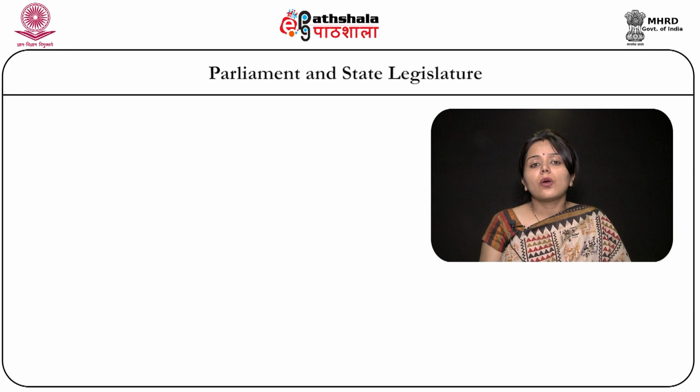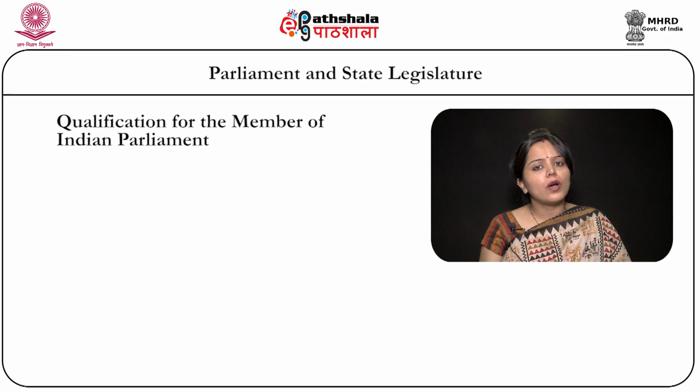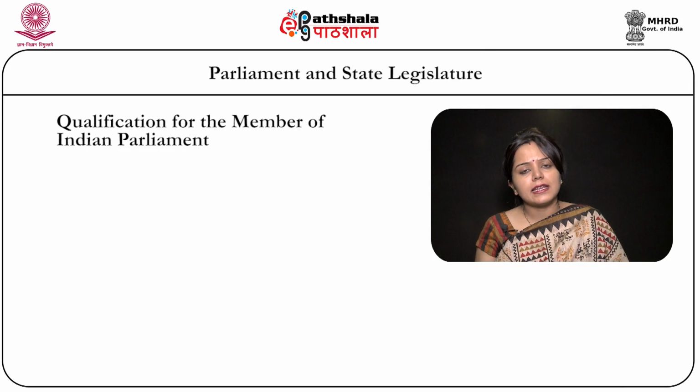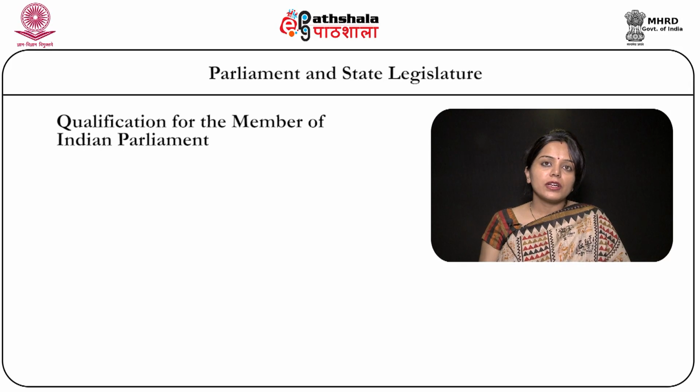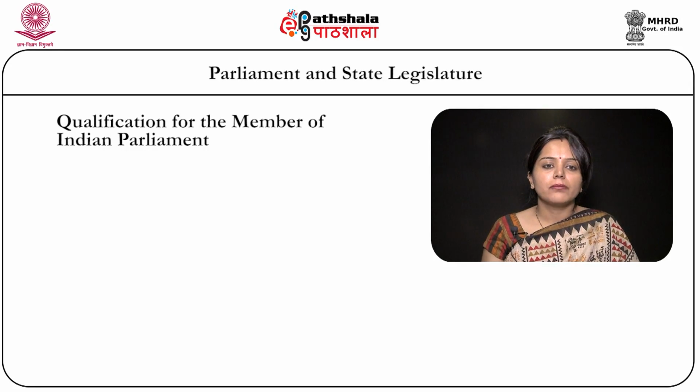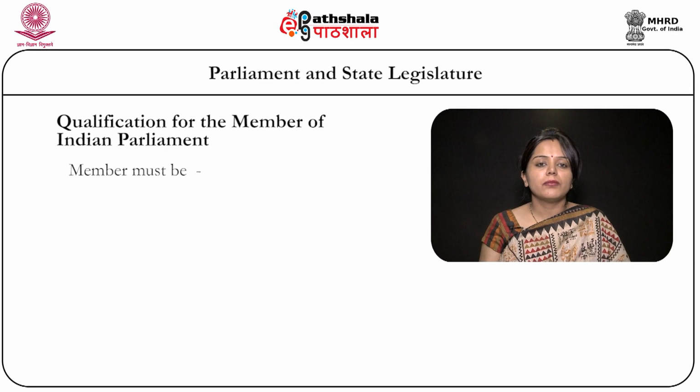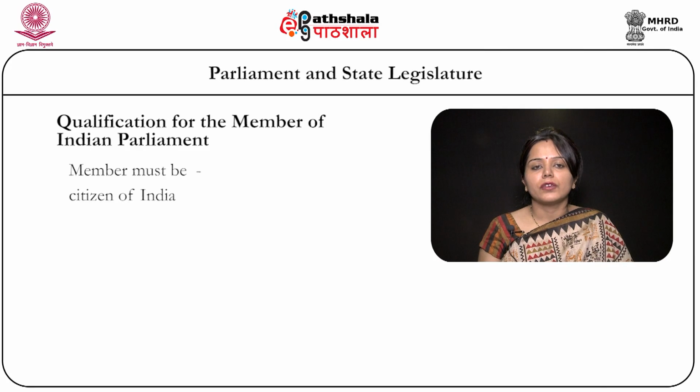Then we will come to the qualifications and disqualifications for members of the Indian Parliament and state legislature houses. Firstly, if we discuss the qualification of a member, every member of Parliament and state legislature should be a citizen of India.